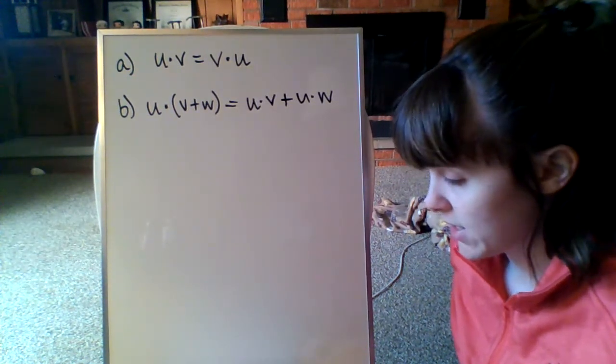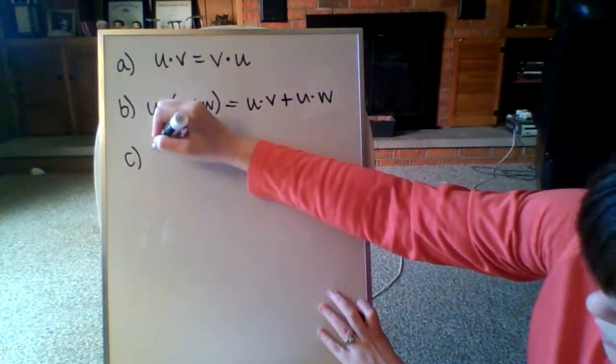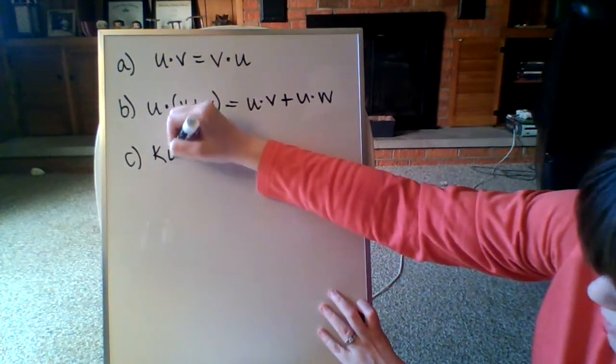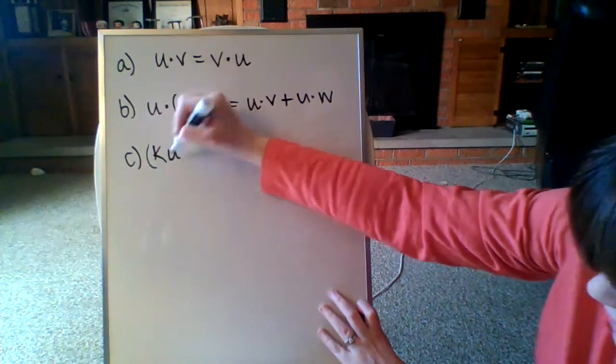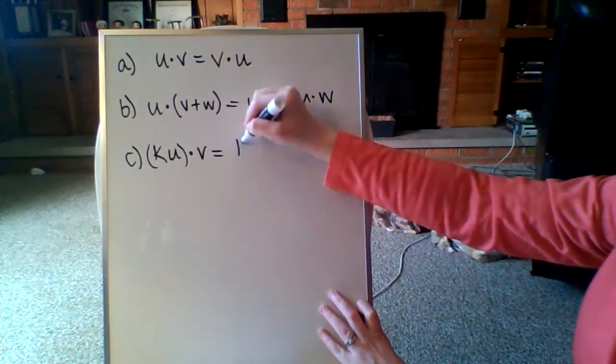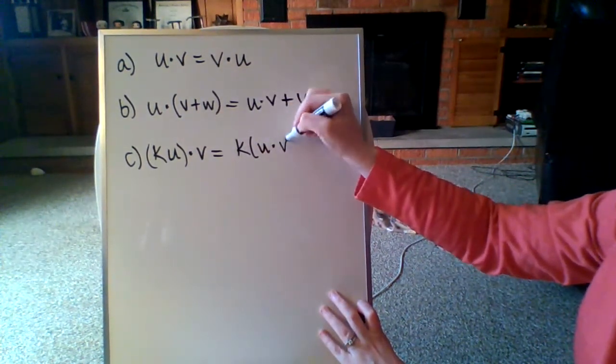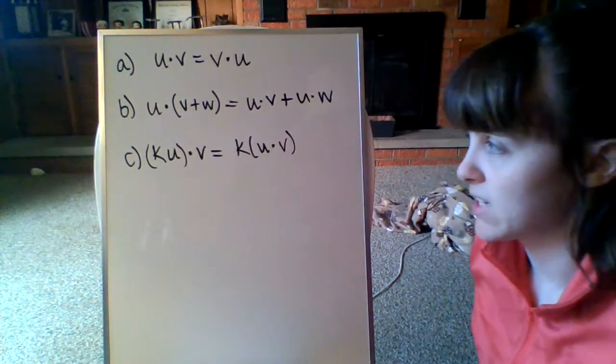Next, if you multiply vector u by some scalar k and then take the dot product with v, that would be the same as taking the dot product of u and v and then multiplying it by that scalar.